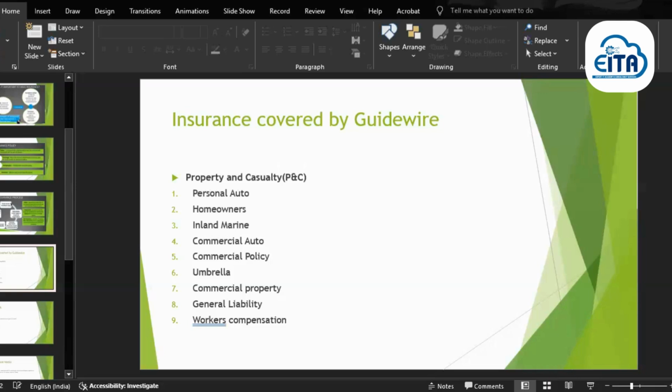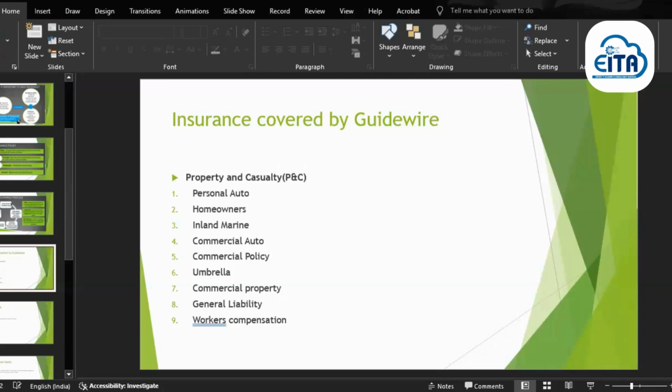For example, personal auto is a line, homeowners is one line, inland marine is one line. So in a single product, commercial policy, you can have general liability, you can have commercial property. You can have multiple products in a single product, and that is a package. If anyone needs a package, then we can go for a commercial policy.